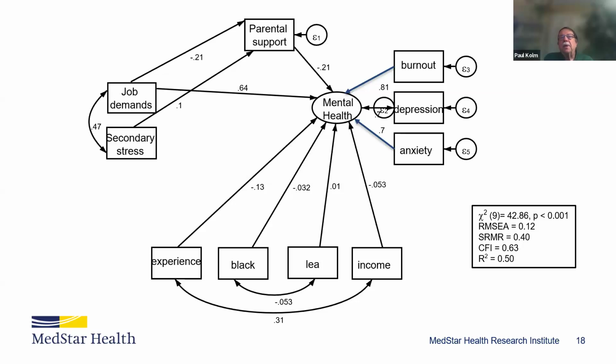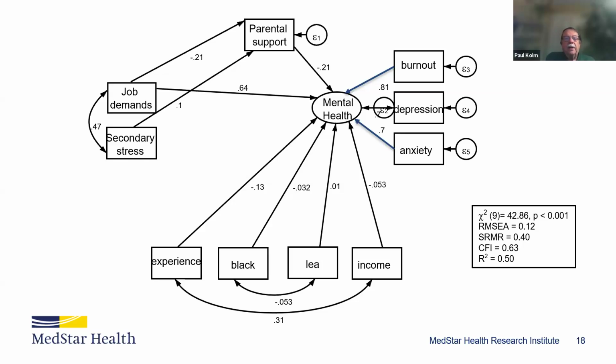At the end, we'll see they ended up calling that something different. So the variables that define our latent variable are burnout, depression, and anxiety. These are all measured variables. And so we have the factor loadings, 0.81, 0.7, and 0.7, which are pretty good.